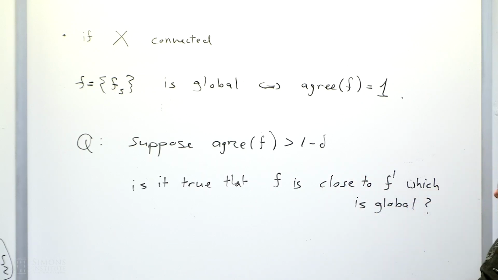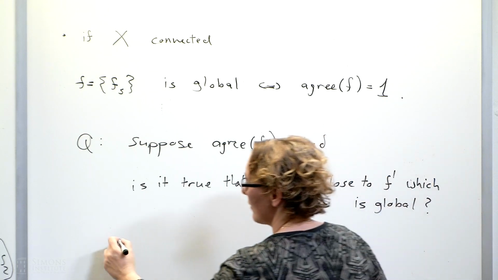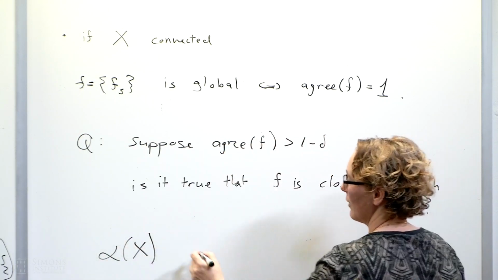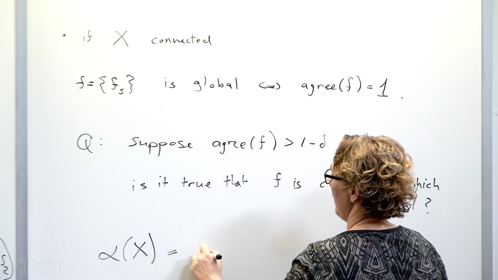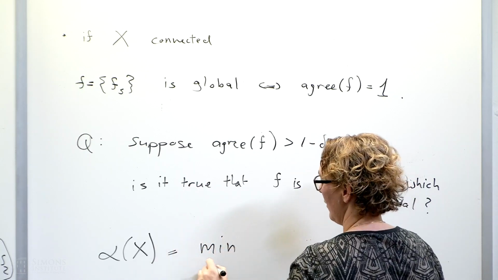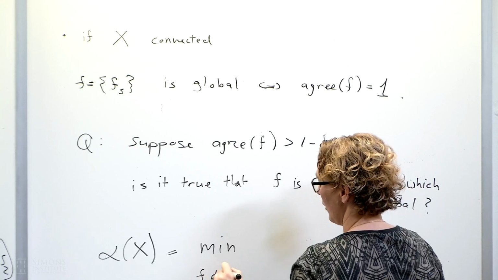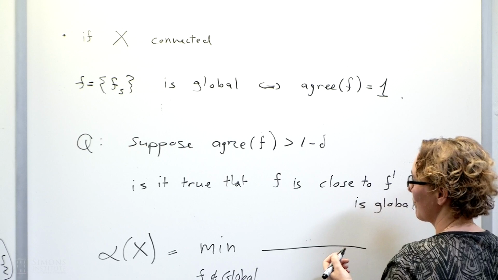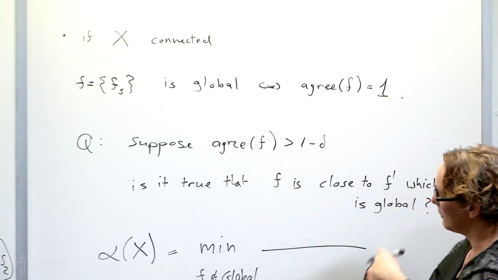Okay, so now this gives us the definition of the agreement expansion of this complex. It will be the minimum over all these functions f that are not global of the ratio between, it's not going to be the agree, it's going to be the disagree.